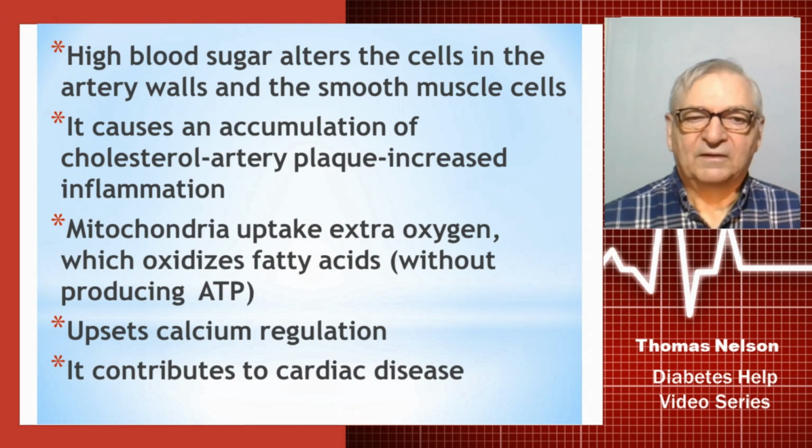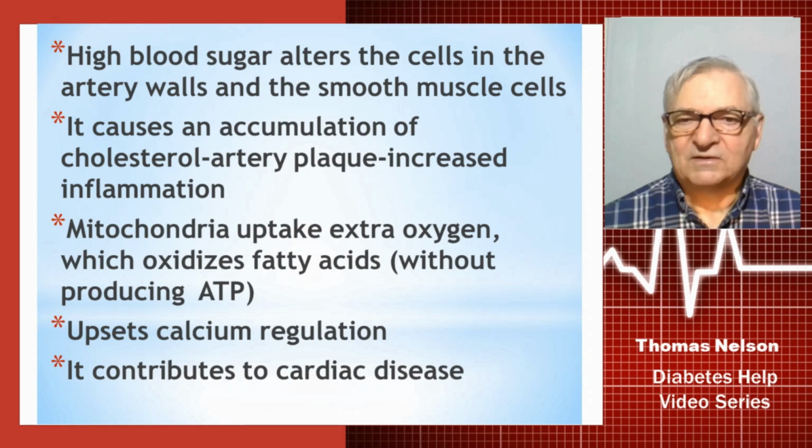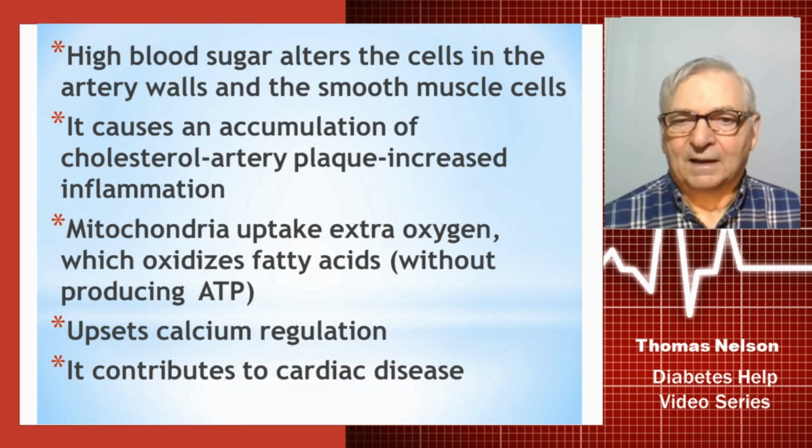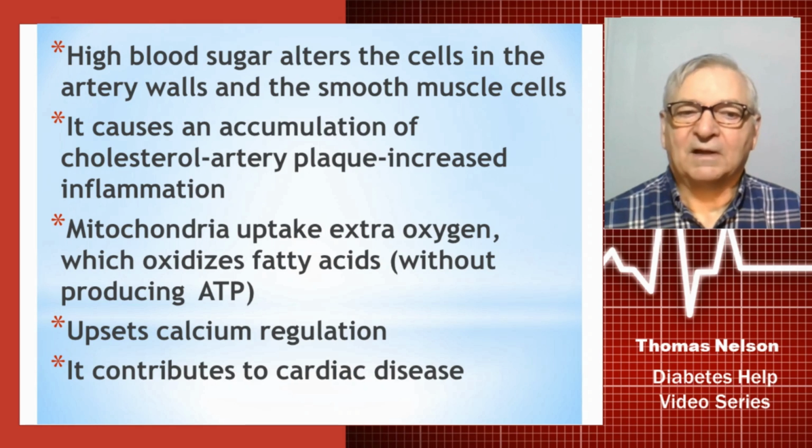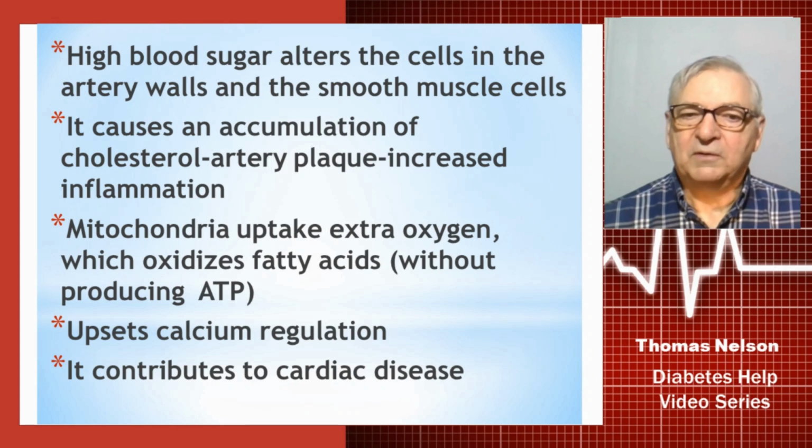It causes an accumulation of cholesterol, artery plaque, and increased inflammation. Mitochondria uptake too much oxygen, which oxidizes fatty acids without producing any energy. So it's a wasted effort, and it causes a lot of heat, but nothing that is useful for the city in terms of energy. So it upsets the calcium regulation, which has other consequences, which can also contribute to cardiac disease.